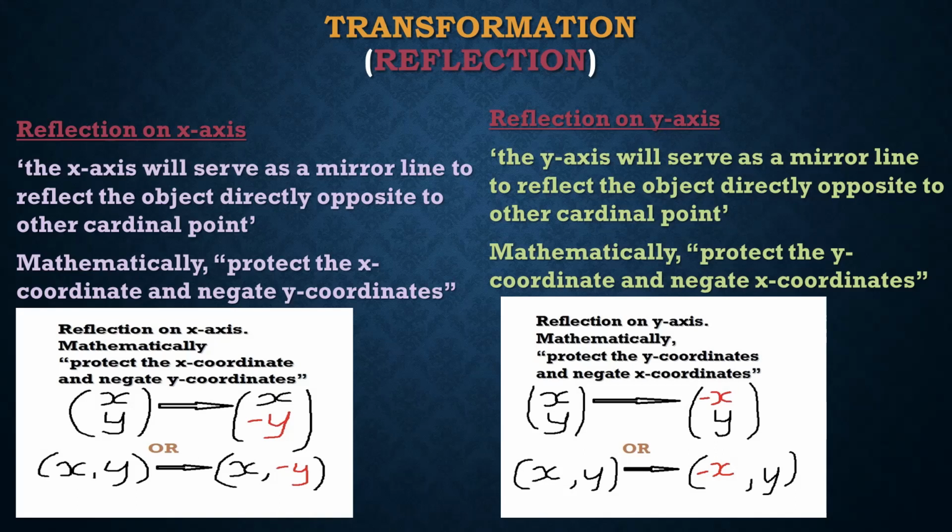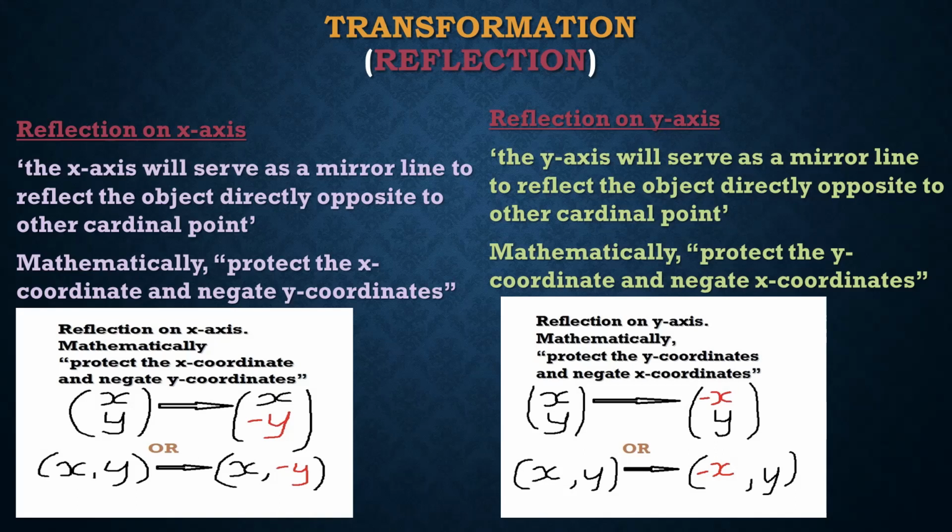When you are standing in front of a mirror, your image will be formed directly opposite to the mirror. The same thing applies here. Whenever there's a reflection on the x-axis, the x line will be the mirror to reflect the image, and the image will form directly opposite to the object, on the other cardinal place.